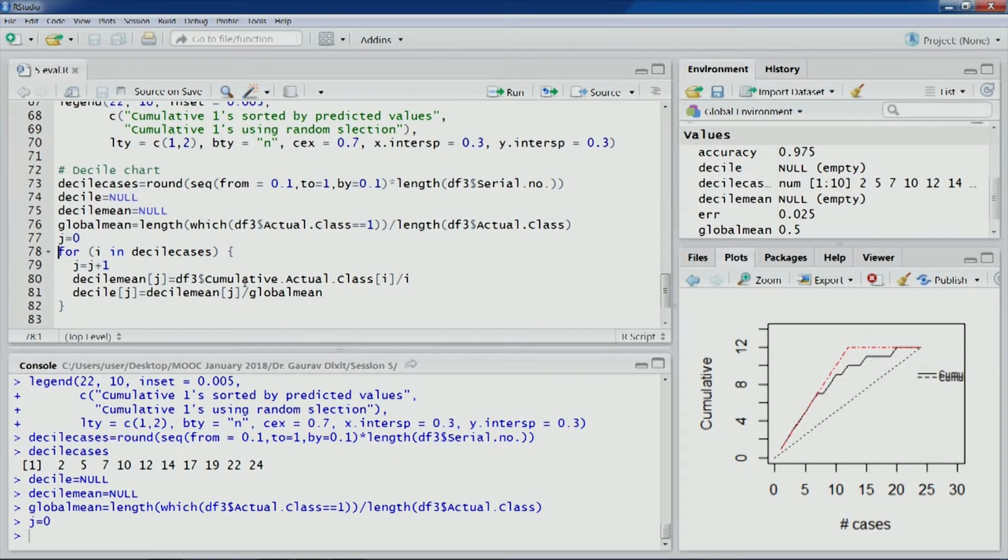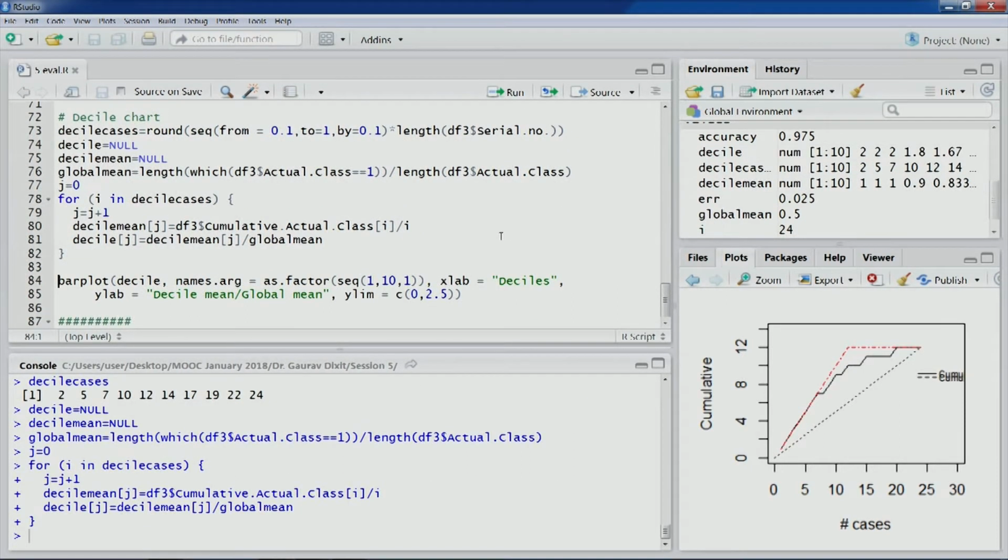You can see that the cumulative actual class is being divided by the counter value, which gives us the decile mean for that particular bar, because i will hold the number of decile cases. So for a particular bar, the cumulative actual class is being divided by the number of cases for that decile. Then the decile value is computed by dividing the decile mean by the global mean. Let us execute this for loop.